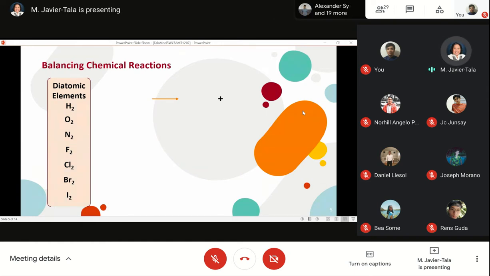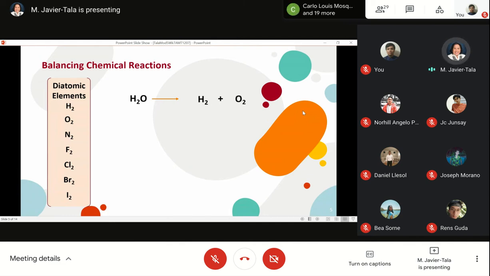For the second reaction that we will be balancing, we will again make use of diatomic elements. So this time, it will be water. So for water, class, it separates into hydrogen and oxygen gases.